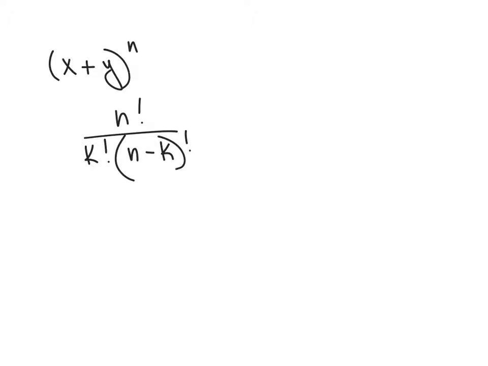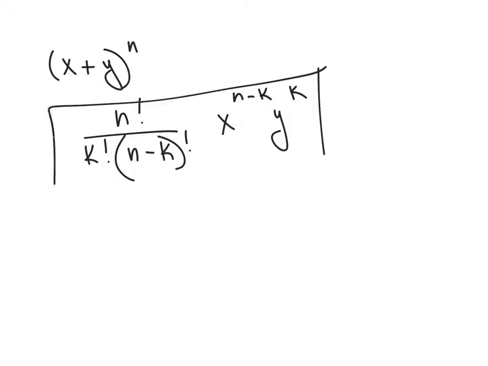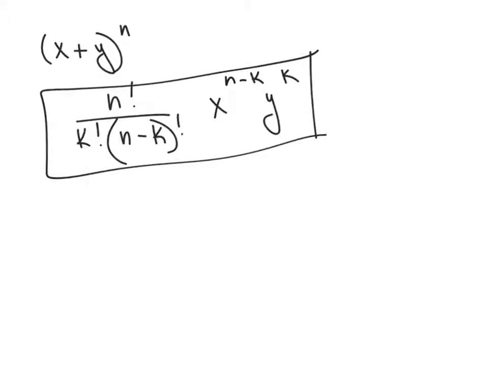It's going to be that for the coefficient. Then it's going to be this, and then this. Okay? So, that is the whole kit and caboodle formula in order to solve these. Okay, so let's try one.